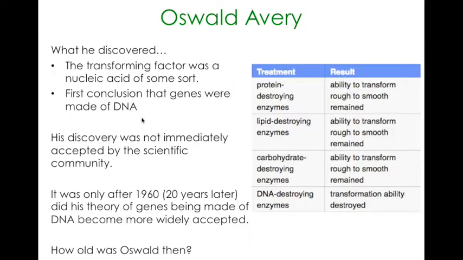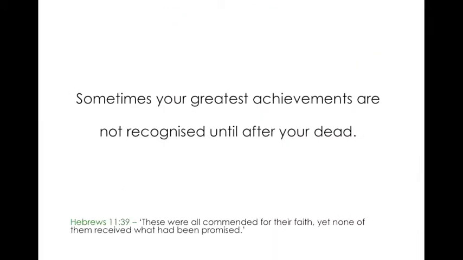Once again, his discovery wasn't immediately accepted by the scientific community, and it was only after 1960, 20 years later, that his theory of genes became widely accepted and he was recognized for all his hard work. Now, 20 years later, how old was Oswald then? If you did the maths with all three scientists, you probably would have figured out that all three of them had died before their recognition was given to their work.